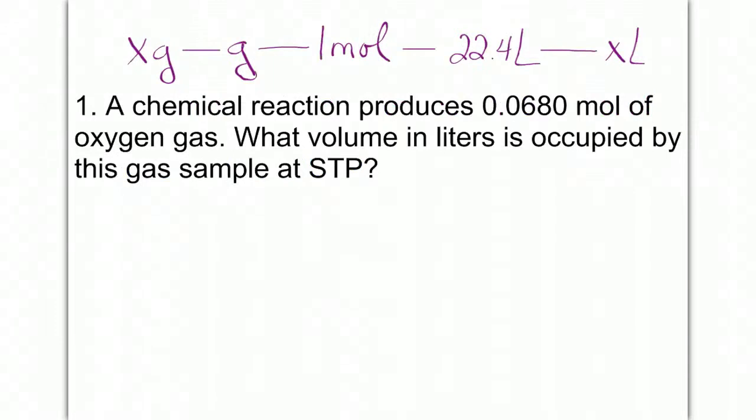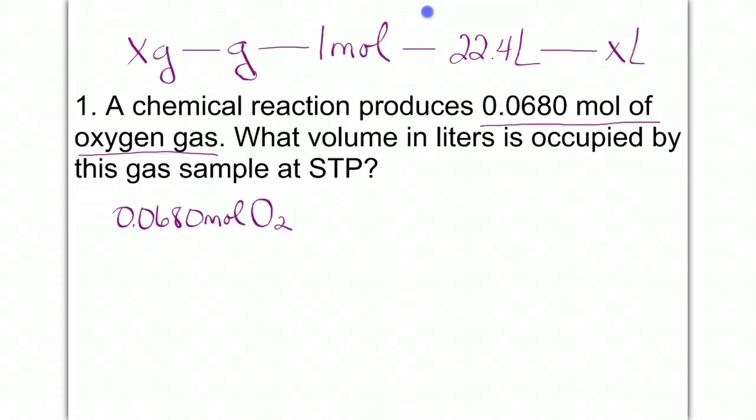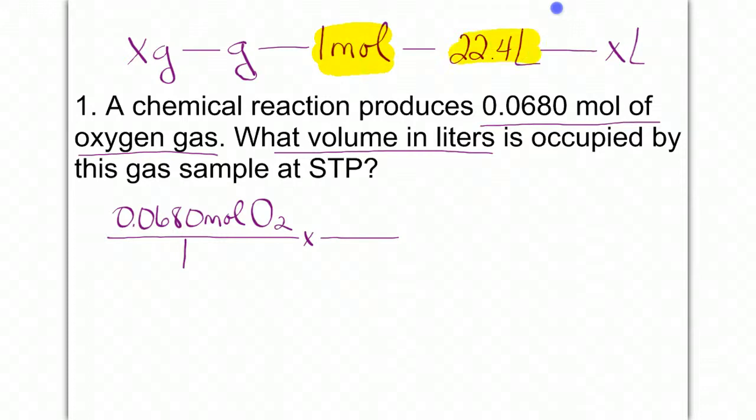So let's look at an example. Number 1, we are given 0.0680 moles of oxygen gas. Recall that oxygen is a diatomic and therefore the formula is O2, not just O. And they're asking us to find what is the volume in liters. So I'm going to put my given over 1 times, draw a line. Notice that we are starting at moles and they want us to find liters. So this is a one-step process.